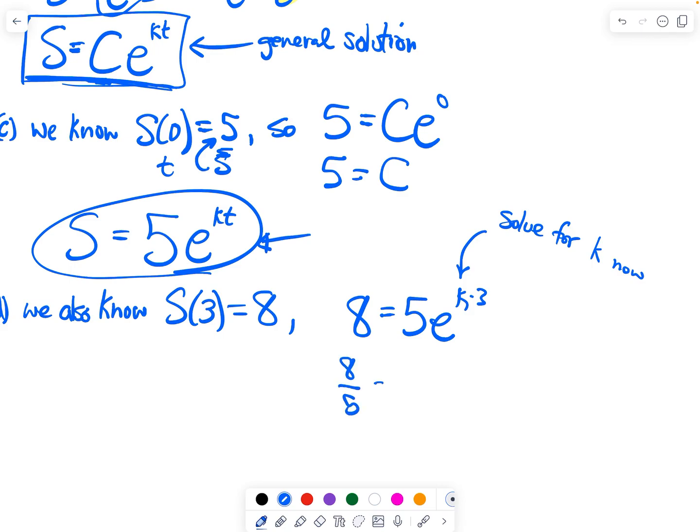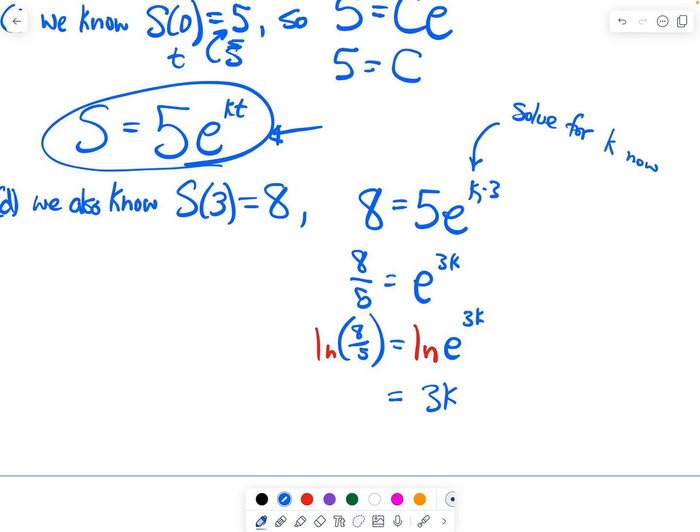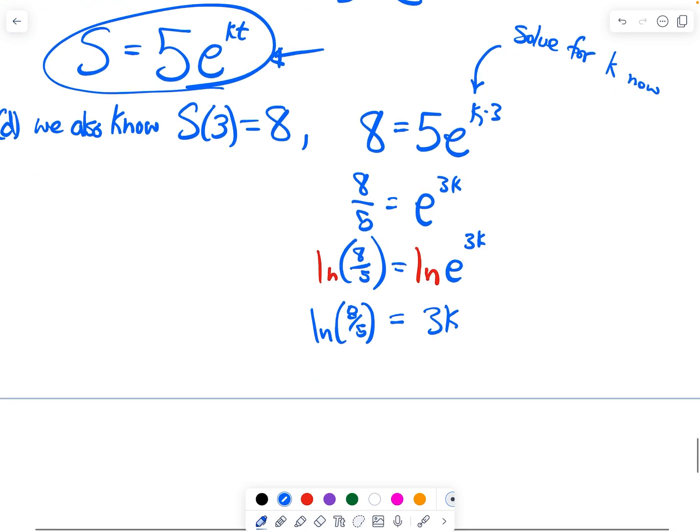That means 8/5 equals e to the 3K. We want to liberate that K. We take the natural log of both sides. And the natural log of e to some power is nice because that just liberates the 3K equals natural log of 8/5.